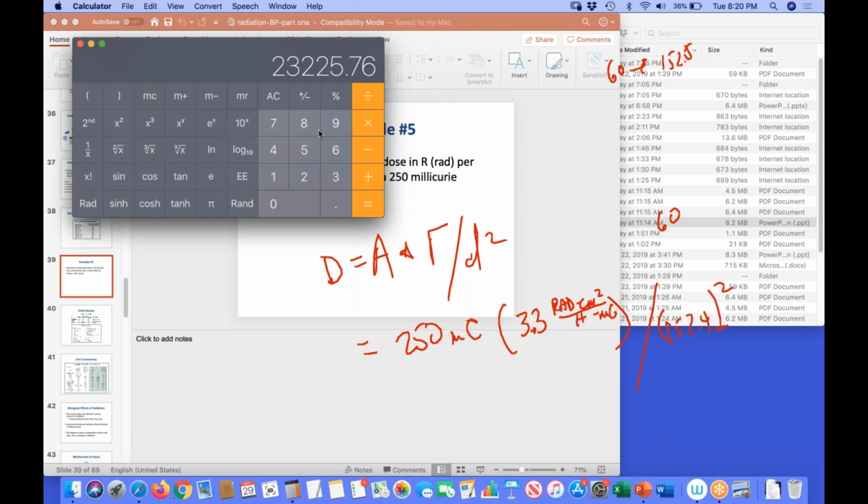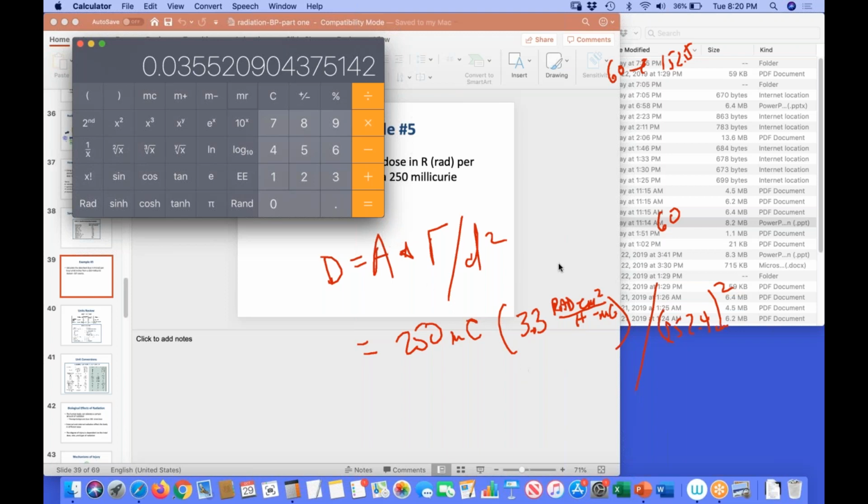Clear. Okay, 250 times 3.3 divided by memory recall. 0.03. Did I miss a conversion here? Okay, 0.033.